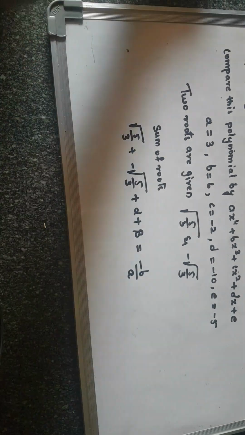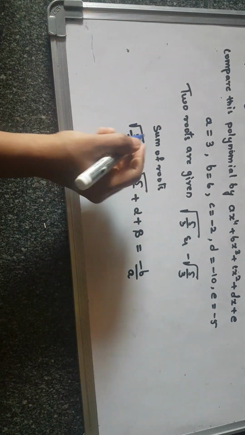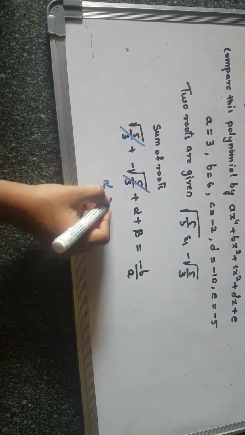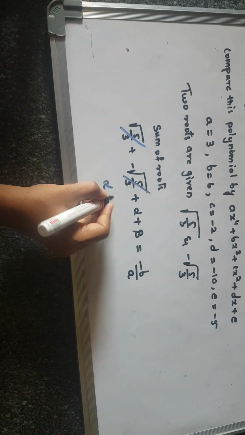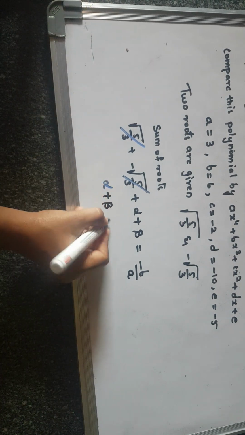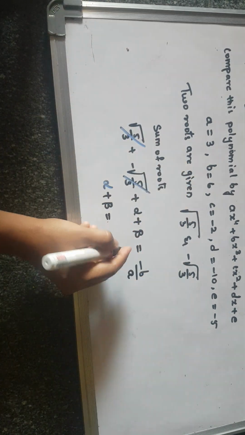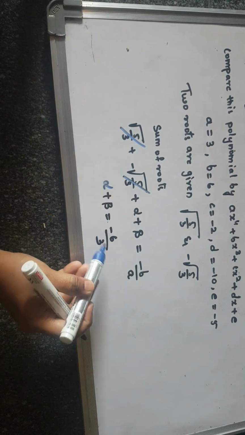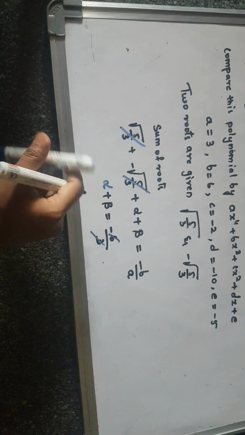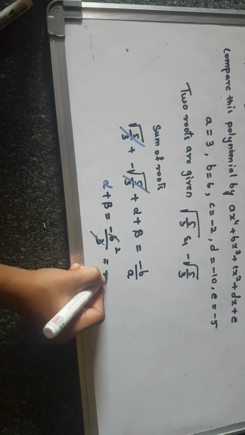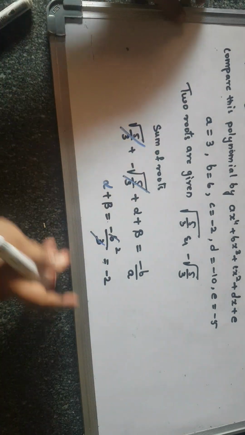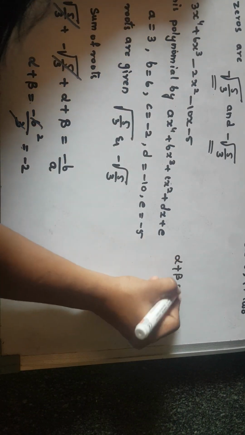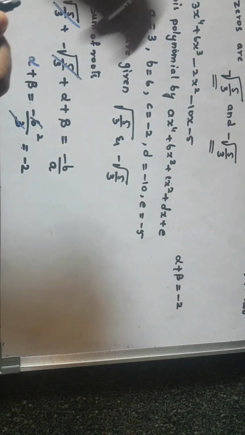This value gets cancelled, and what will be the alpha plus beta value will be minus b, minus 6 by 3. What this value becomes? 3 ones, 3 twos. So what this value becomes? Minus 2. Alpha plus beta value becomes minus 2.